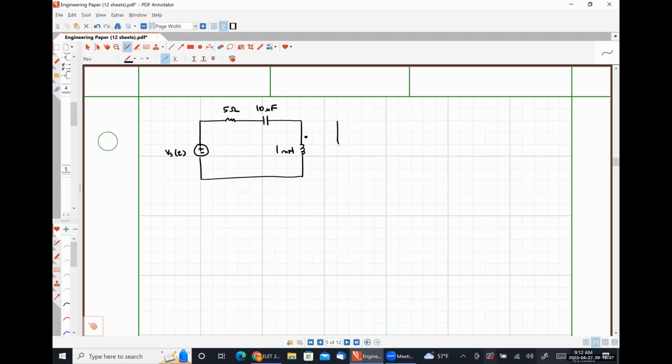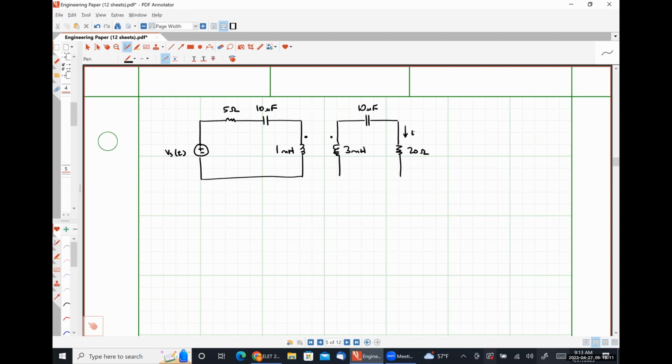On this side, I'm going to have a 3 millihenry inductor, dotted terminal on top. I have another 10 microfarad capacitor. I have a resistance here of 20 ohms.